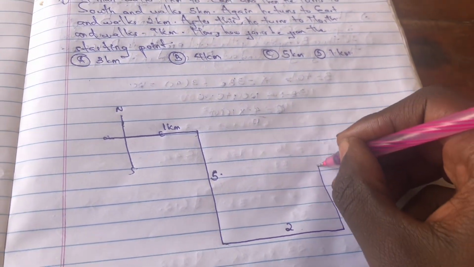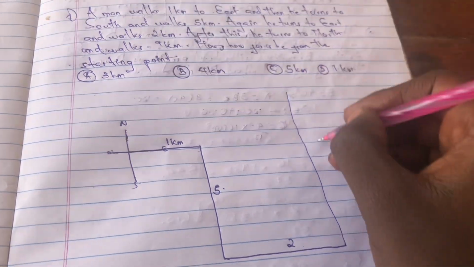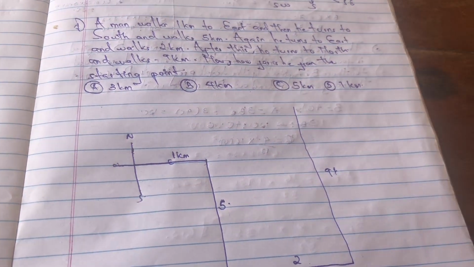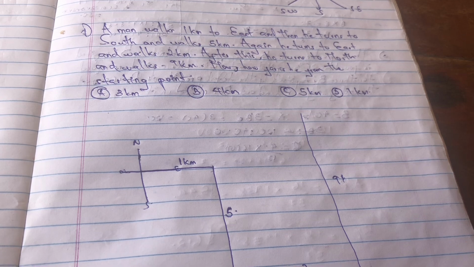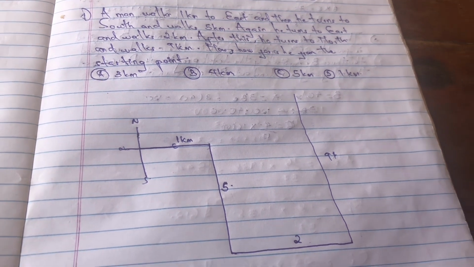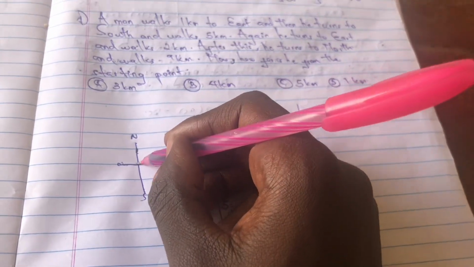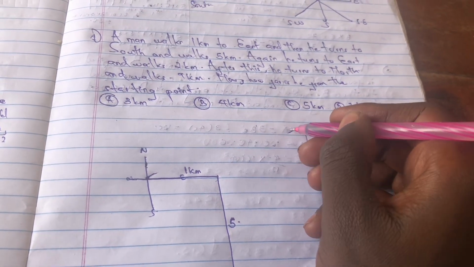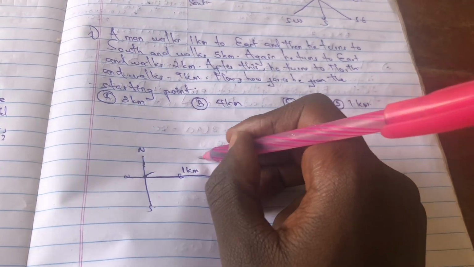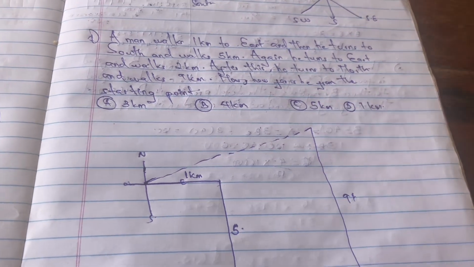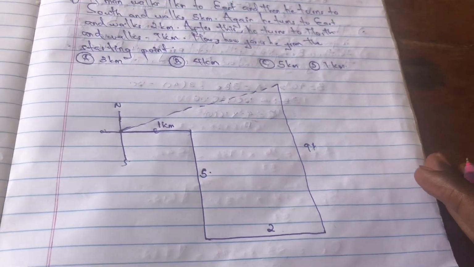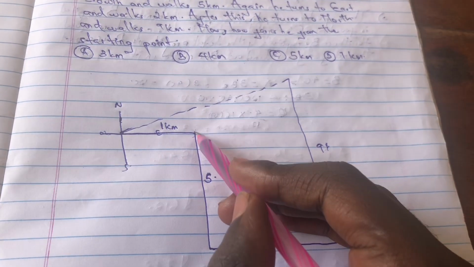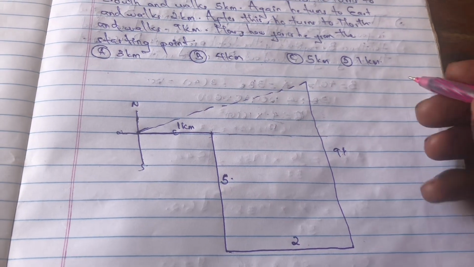He turns back and walks here 9 kilometers. So they said, how far is he from the starting point? Remember, this is the starting point where I started from. So they want you to find the distance from the starting point to where he is right now. And to find that distance, we can use this triangle because it's a right angle triangle.